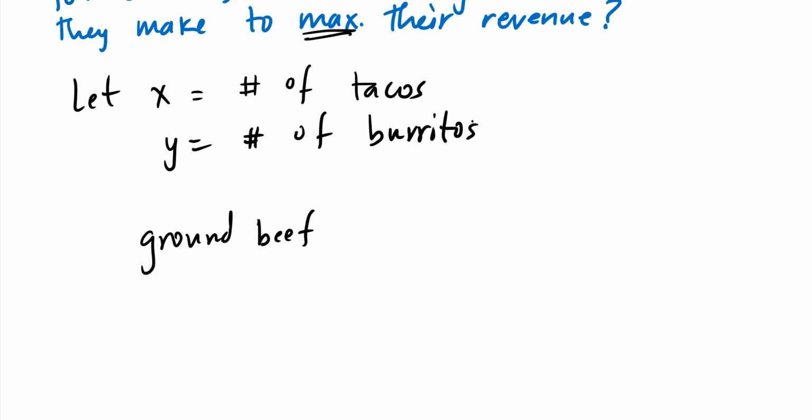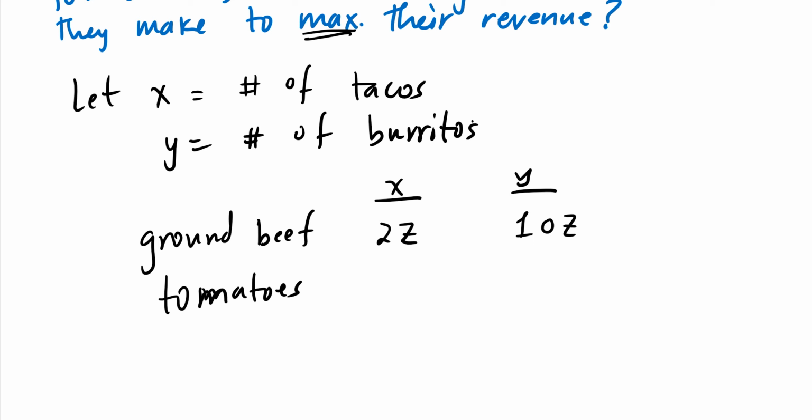So I need to set up inequalities, and tomatoes. So x is the tacos, y for the burritos. They said every taco uses 2 ounces of ground beef and every burrito uses 1 ounce, and the total is less than or equal to. So from here you can say 2x plus 1y less than or equal to 22.